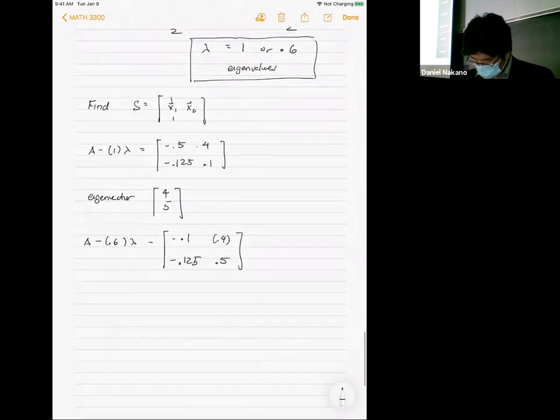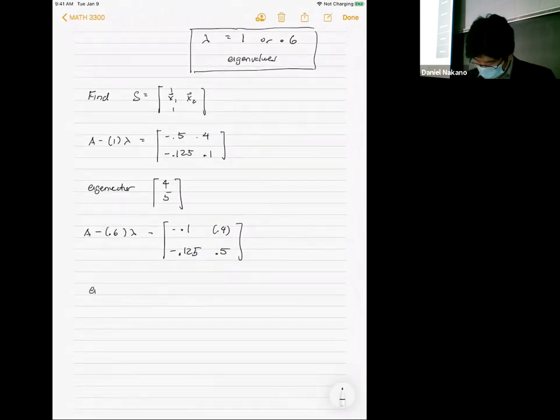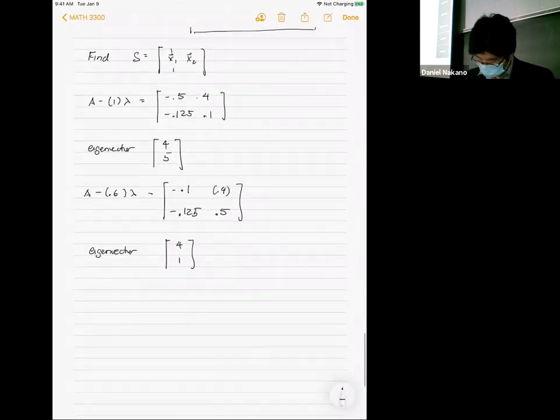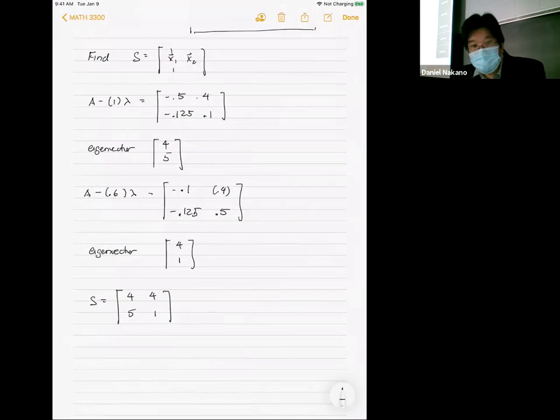And your eigenvector here, when you do Gaussian elimination, you get 4, 1. So your S is going to be 4, 5, 4, 1. Any questions up until this point?